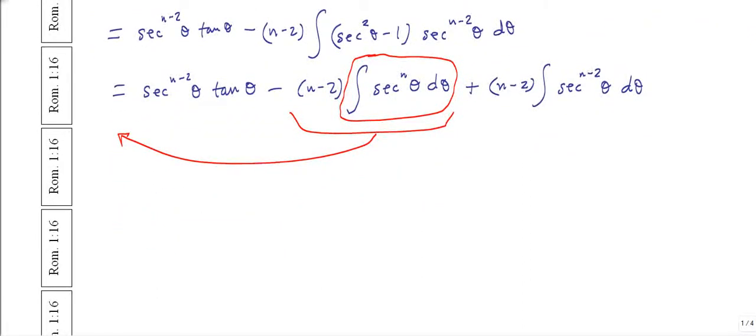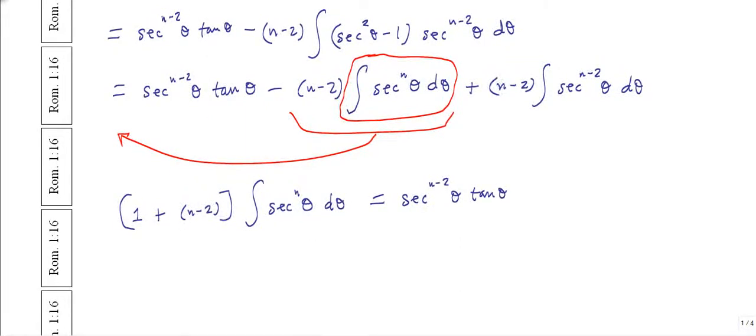Now I'm going to add n minus 2 to the one that I had, so I'm going to have 1 plus the n minus 2 of the integral of secant raised to the nth power theta d theta is equal to what's left over. So we get secant to the n minus 2 theta tan theta plus n minus 2 integral of secant raised to the n minus 2 power theta d theta.